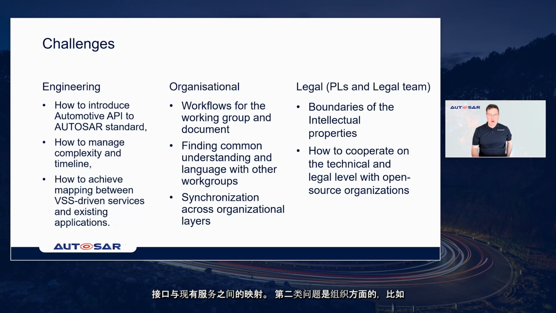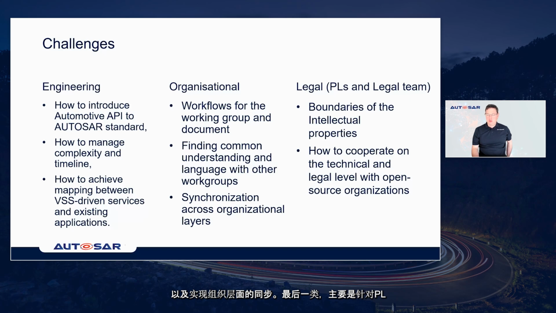The second group of problems was organizational, like workflows for the working group and types of documents. Sometimes we weren't fully sure which type of documents we needed to produce. Also finding common understanding and language with other work groups, and synchronization across organizational layers.